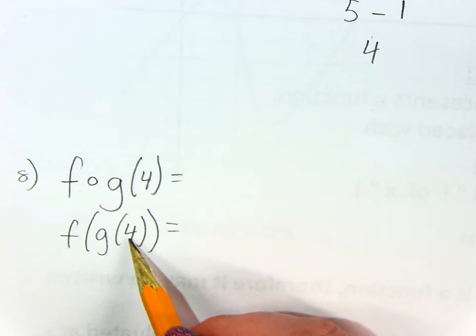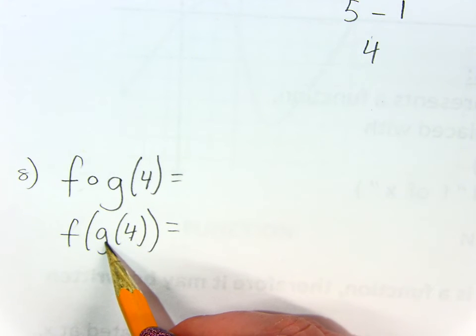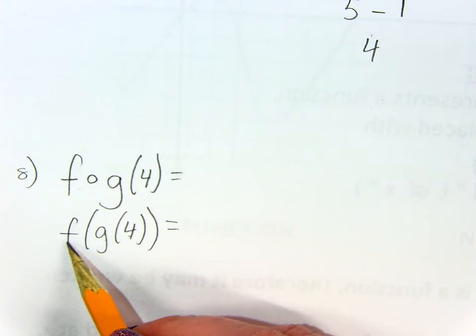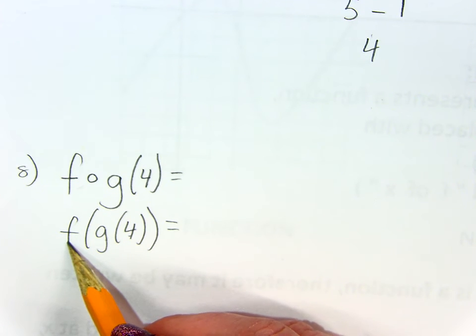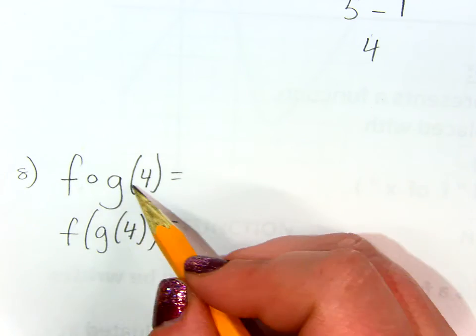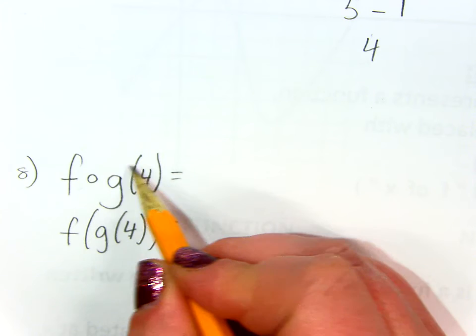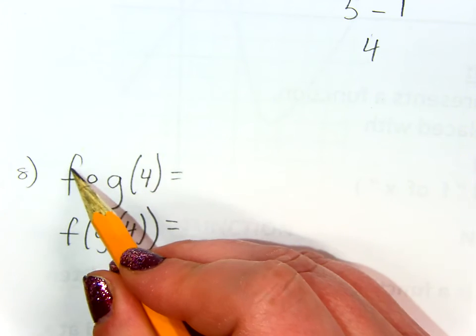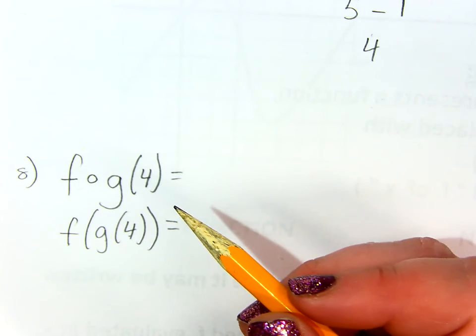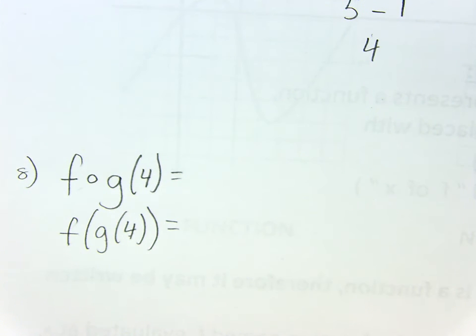So I want to take the number 4, plug it into g, and then whatever that answer is, I'm going to take that and plug it into f. It works the same way here. Whatever is closest to the number, you take the number, put it into g, take that answer, plug it into f. So they both mean to do the same thing. You want to be familiar with both types of notation because you'll see them interchangeably all over the place.